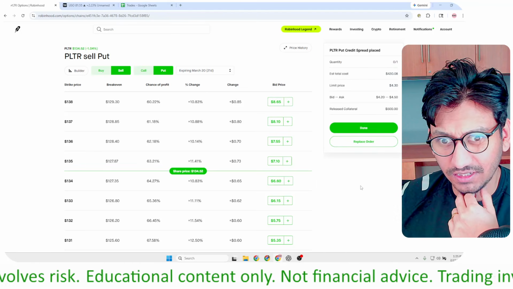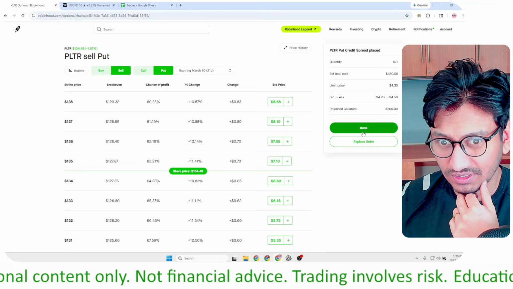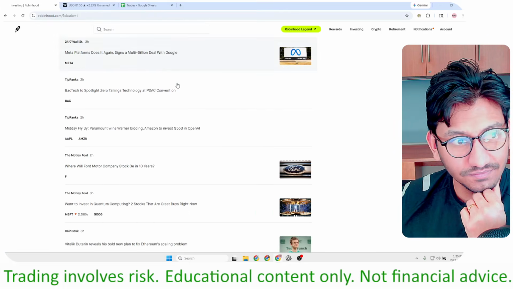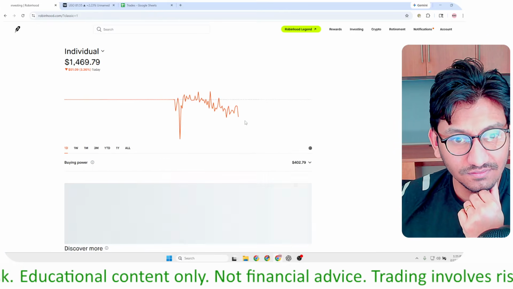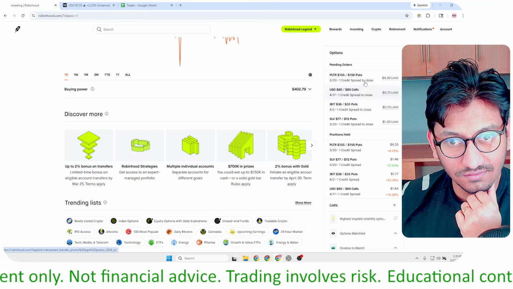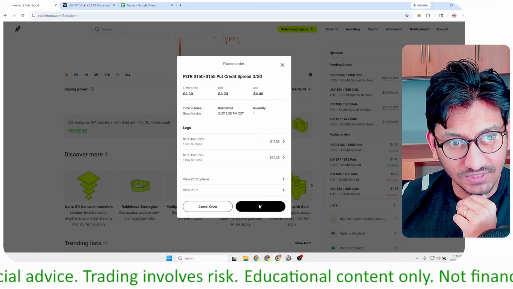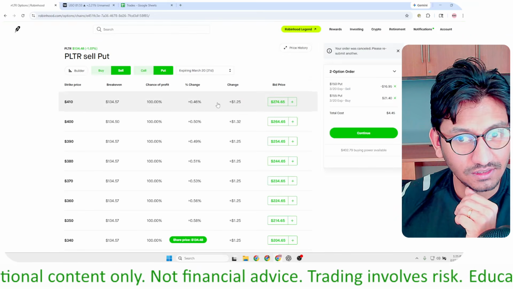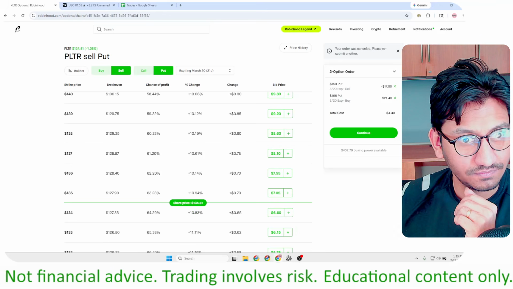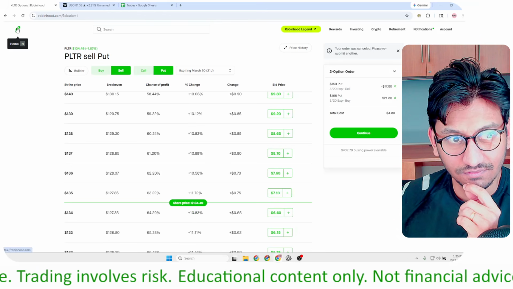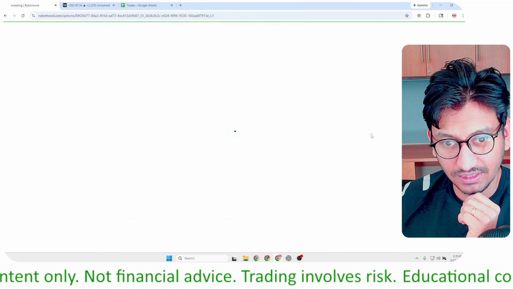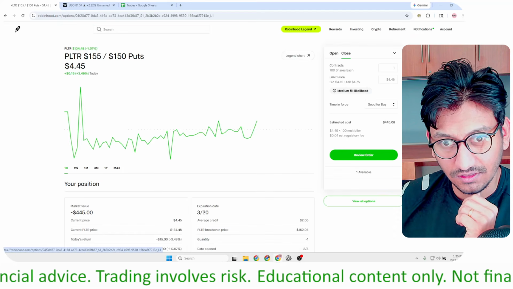Getting out of this Palantir position with a huge loss. Not getting filled. Oh, okay, I got filled actually. I think so. Let's see. No, I'm not. I didn't get filled. Let's try and do it.